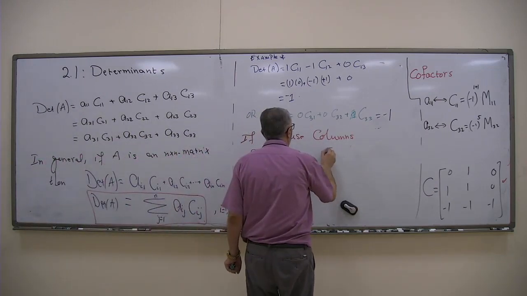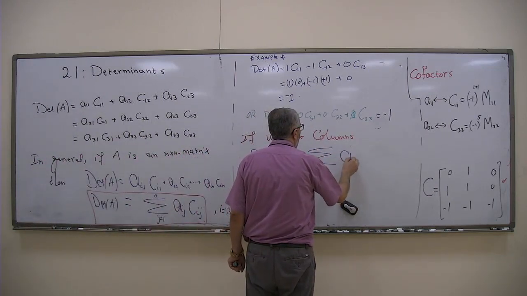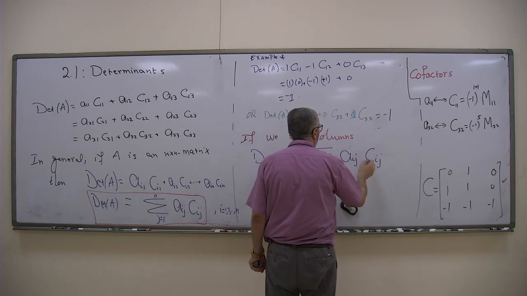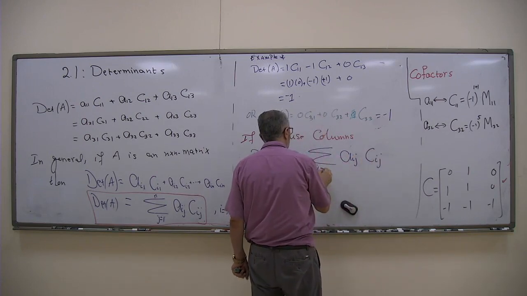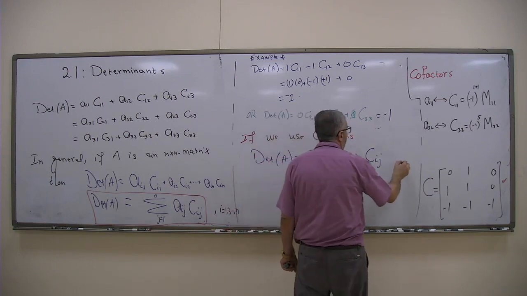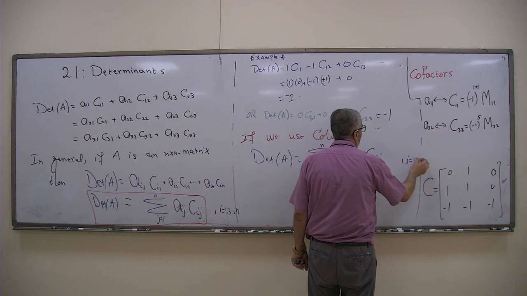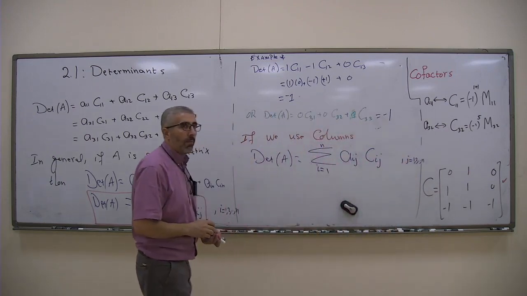So this will be the summation of A_ij C_ij, and now you run it from i equals 1 to n. And here you can do this for j from 1 to n.